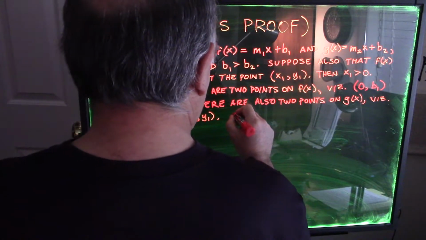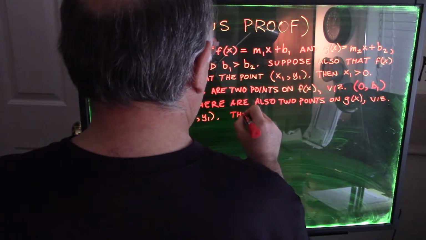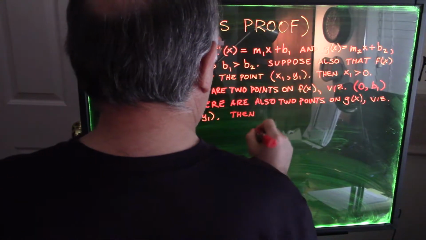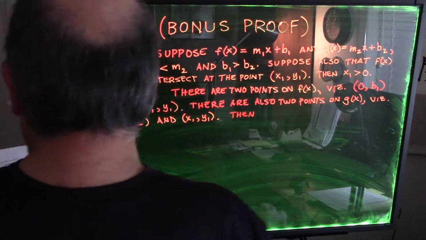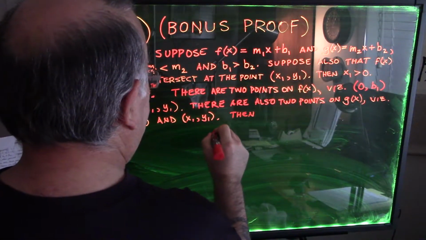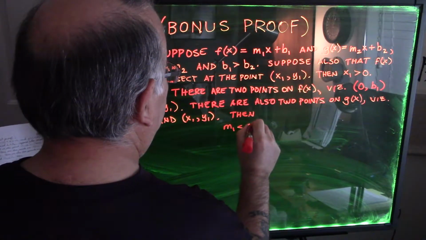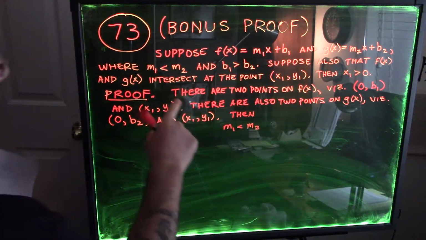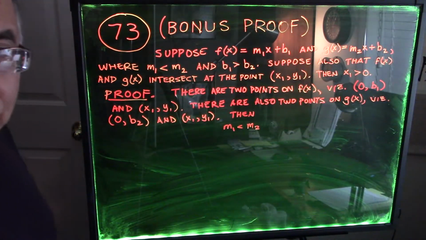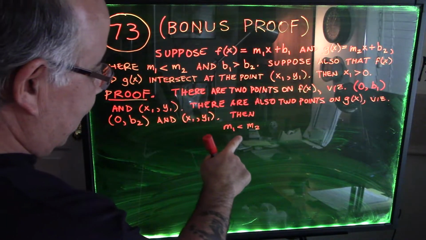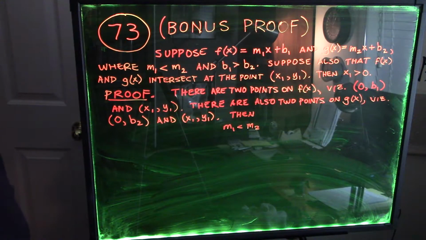Then we have m1 is less than m2. Where does that come from? Well, that was one of the conditions. The slope of f of x is less than the slope of g of x.